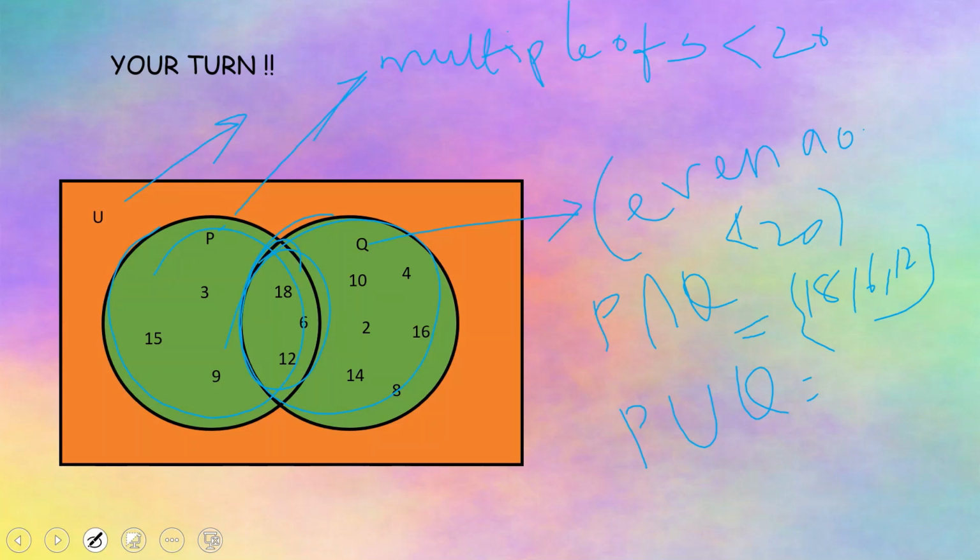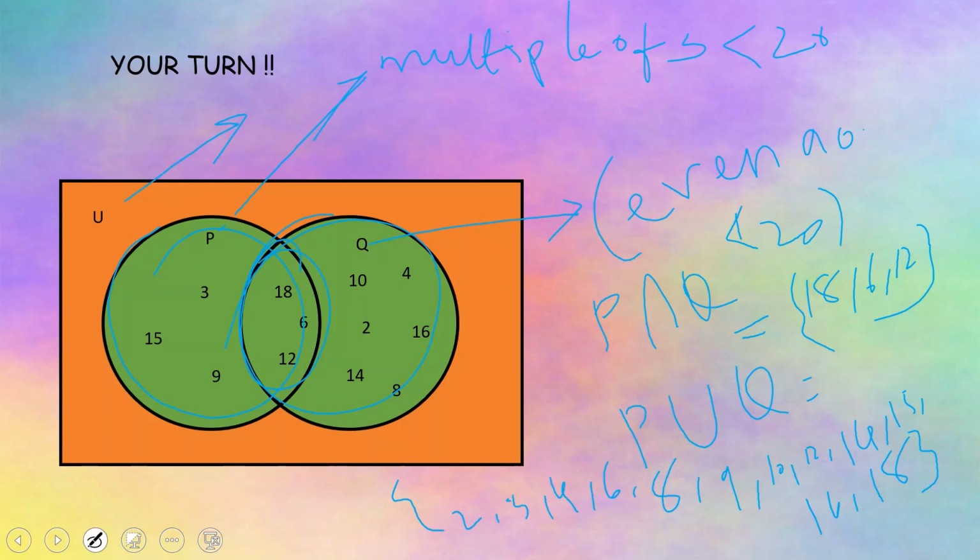P union Q will be written as 2, 3, 4, 6, 8, 9, 10, 12, 14, 15, 16, 18. So all the elements go in both these sets.